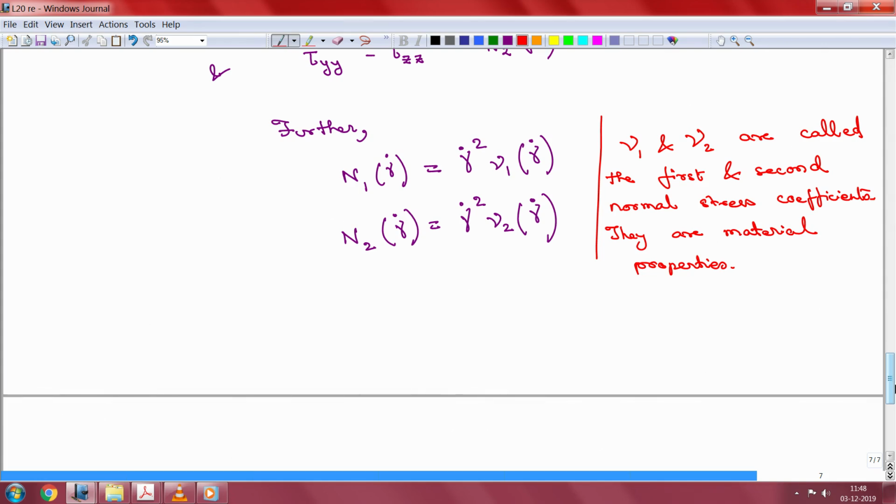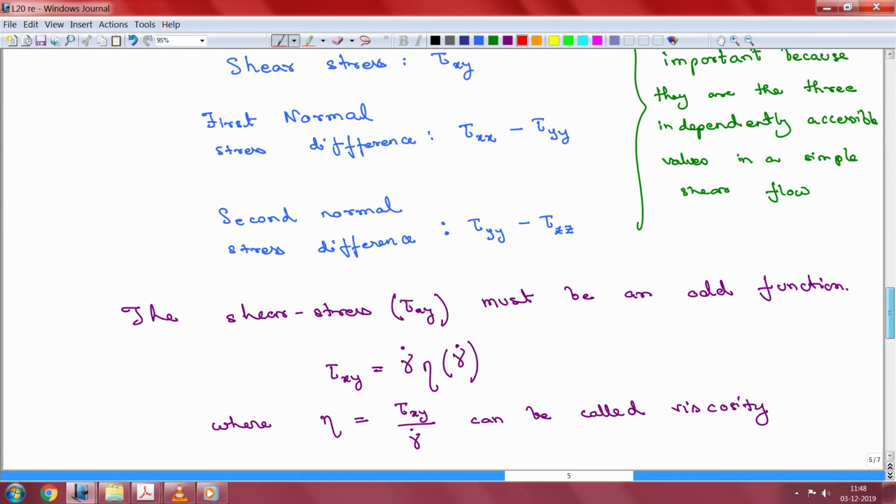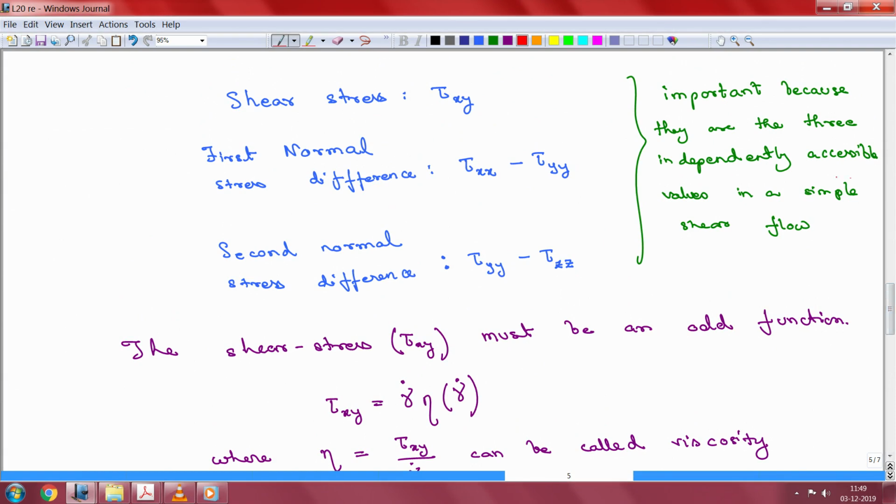And the normal stress differences, now that you are seeing that they are important material properties, means that you can use these experimental observations to, in a sense, quantify the fluid, right. So, n1 and n2 are, as we had discussed earlier, independently accessible, so they are experimentally accessible, right. So, these are quantities that you can measure experimentally.